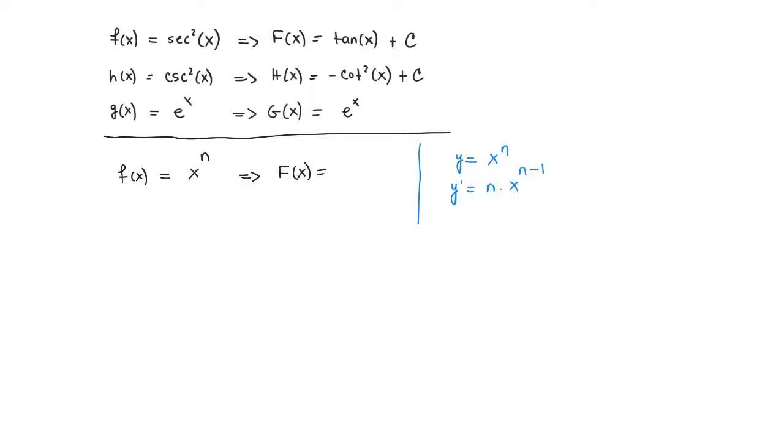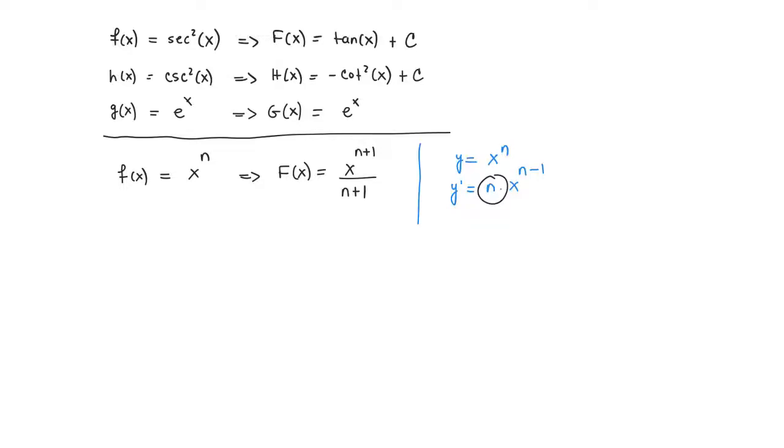So we're going to be adding in the exponent. And instead of multiplying, we're going to be performing division. For example, we start with x, add 1 to the exponent, and then instead of multiplying, we reverse multiplication by dividing by n plus 1.